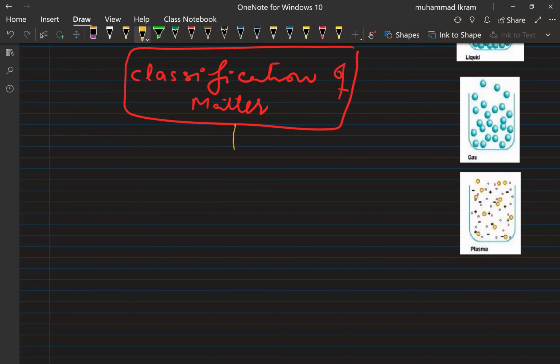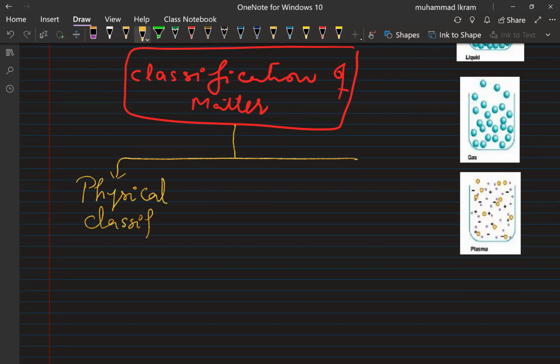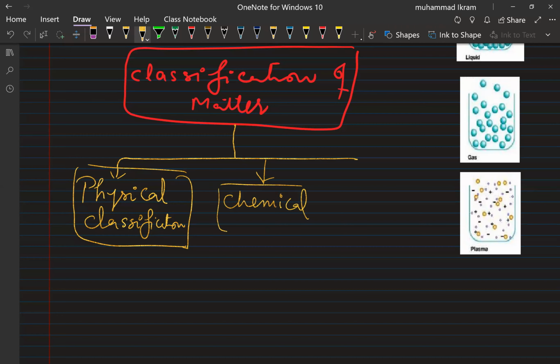The first is the physical classification of the matter. And the second type is the chemical classification of the matter, that is, how matter is chemically classified.